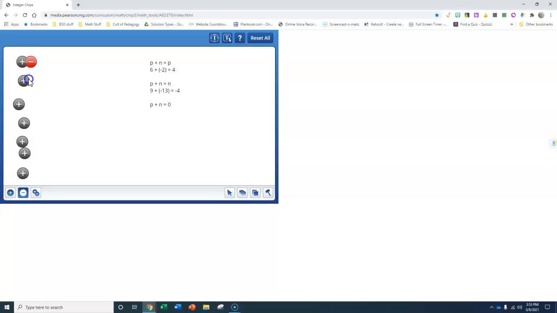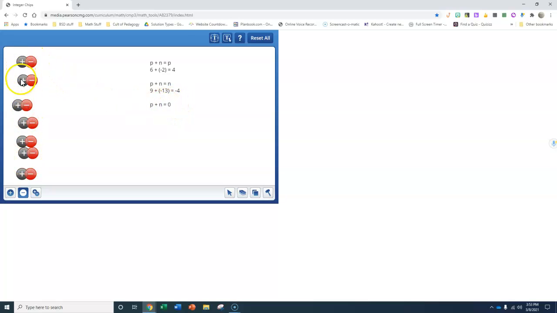So there's 1, 2, 3, 4. And I'm doing this because every time positives and negatives are together, I always get zeros out of those two things combined. One more, one more, one more. And now I'm going to stop because I have nothing left over, which means my leftovers are 0, and everything's paired up.